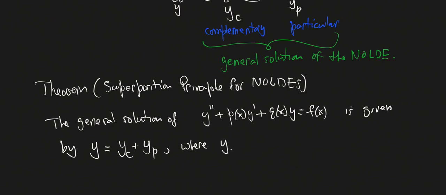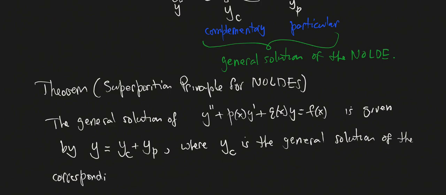where y sub c is the general solution of the corresponding homogeneous differential equation, or associated homogeneous differential equation. That's when we essentially solve it with a 0 on the right-hand side. And again, we know how to do that for all cases.